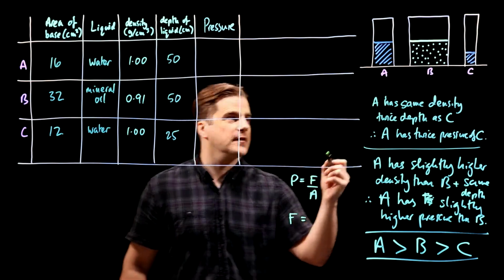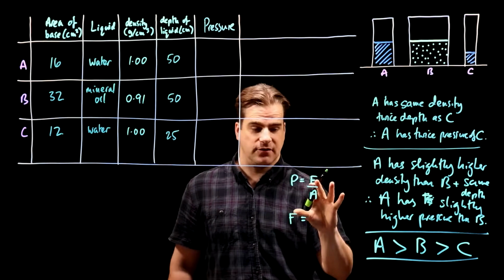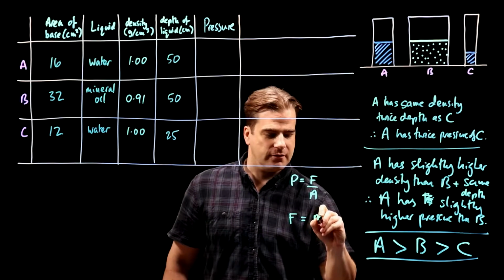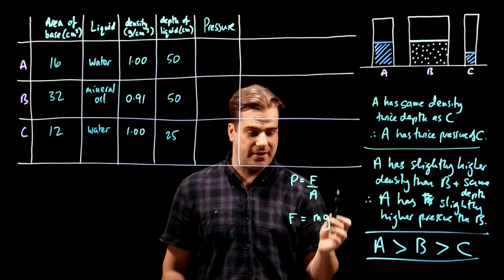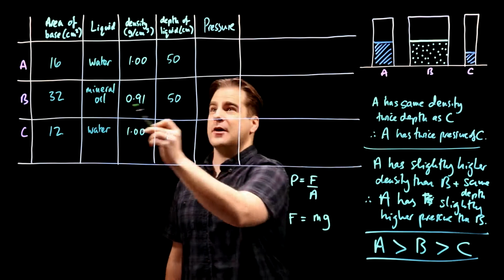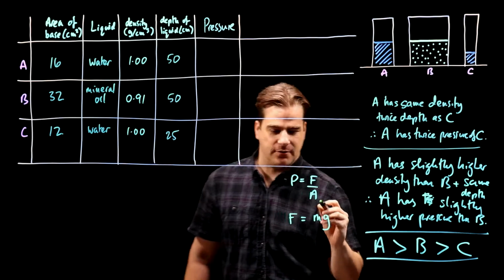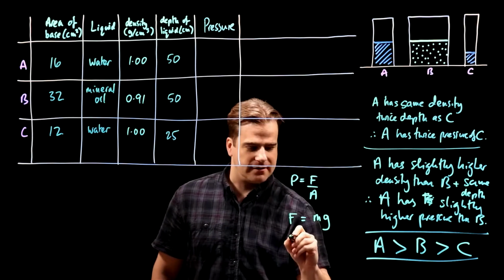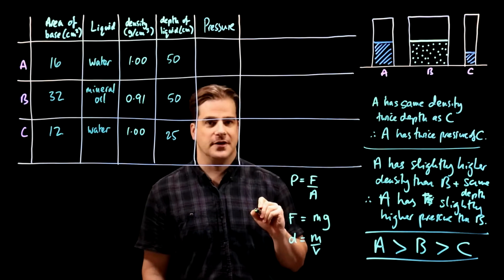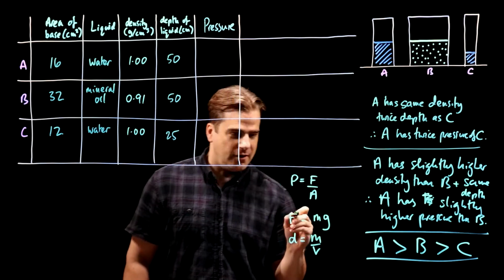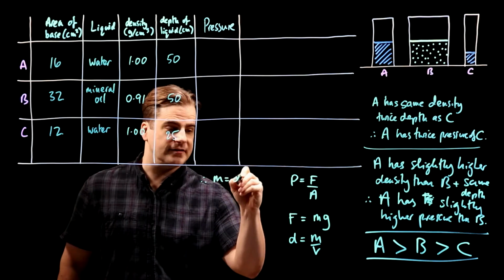Force is the weight, which is the mass times gravitational field strength. So force is mg, where m is the mass of the liquid, okay? We don't know the mass, but we do know the density, okay? So we also have to use that density is mass over volume, right? So, therefore, mass is density times volume.